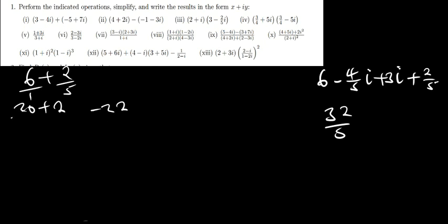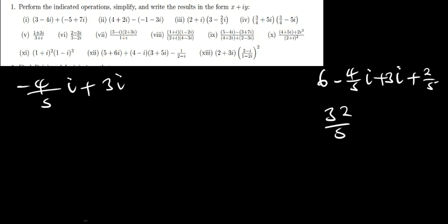I need also to add the imaginary part, which is negative 4 over 5i plus 3i. Here I'll put 1. The common denominator is 5. So 5 into 5 is 1. 1 times negative 4, negative 4. Plus now this is i.